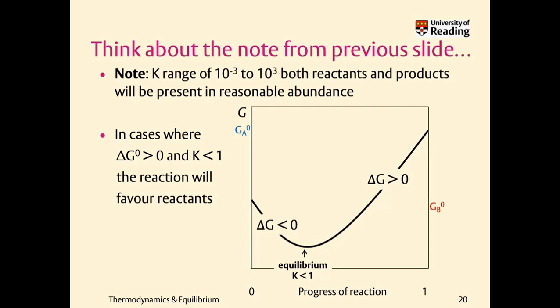And in this case, you can see that delta G for the overall reaction is positive, that the Gibbs energy for the reactants is lower than the Gibbs energy for the products. So the reaction will occur in the forward direction, but will have an equilibrium that has significantly less products in it than reactants.